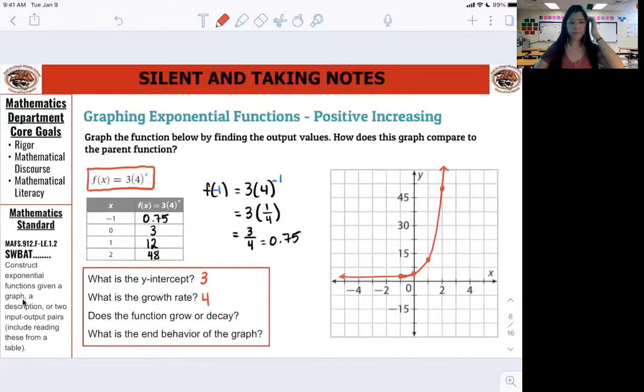Okay. So as you finish your sketches, let's think about, first of all, is this growing or decaying?